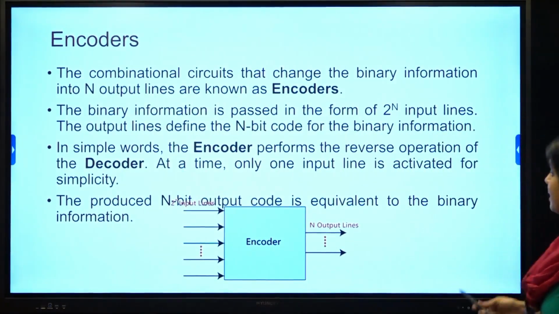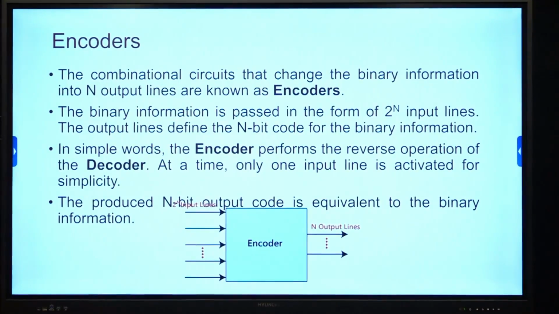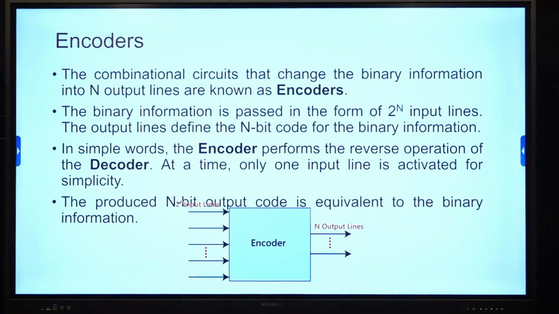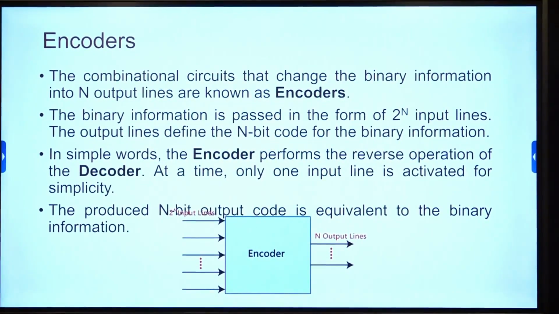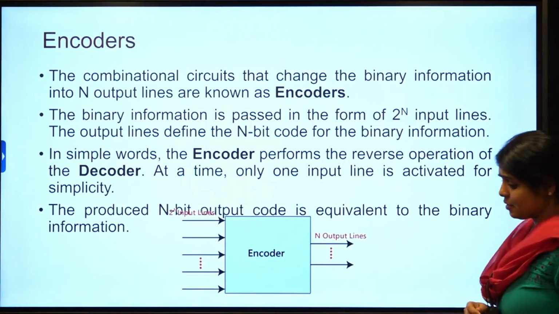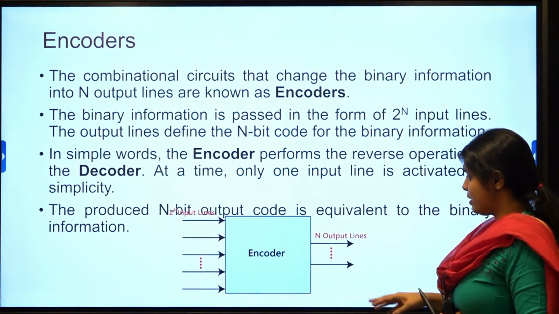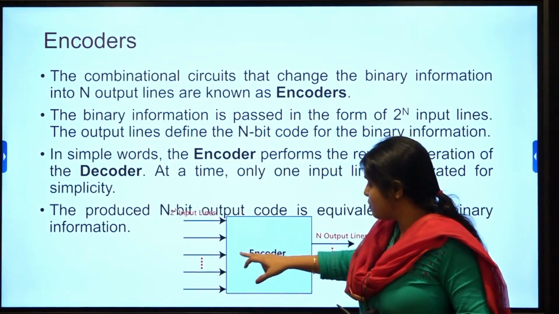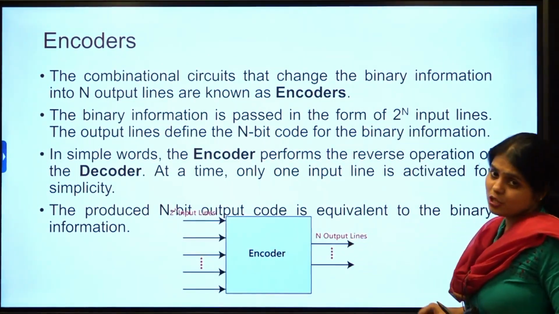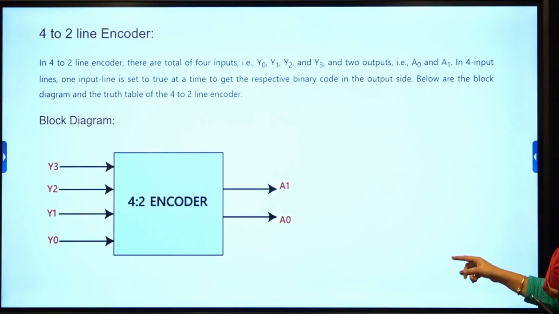The binary information is passed in the form of 2 power n input lines, and for those input lines the n-bit binary code is generated. That is, the encoder performs exactly the reverse operation of the decoder, and this is a simple block diagram of that.